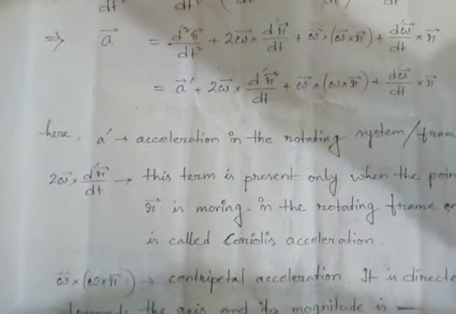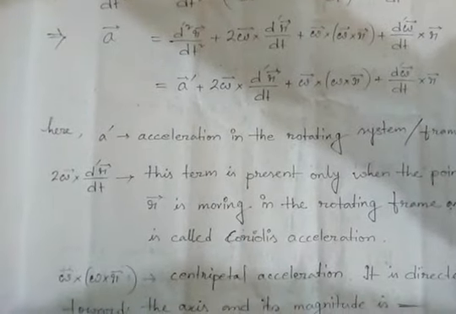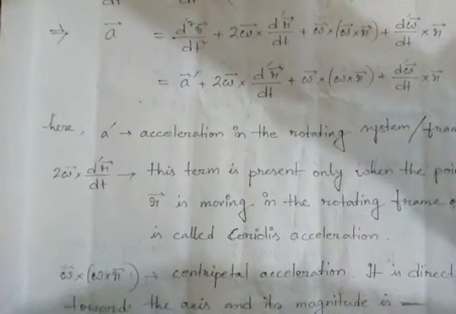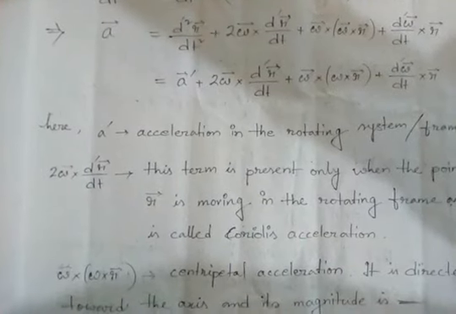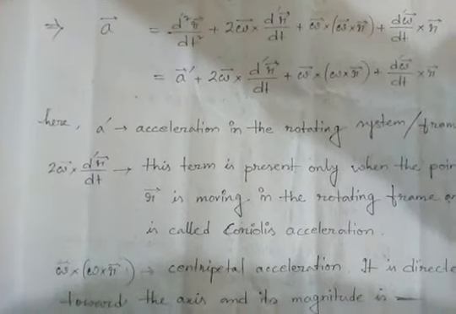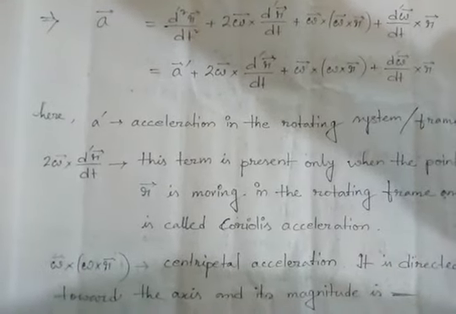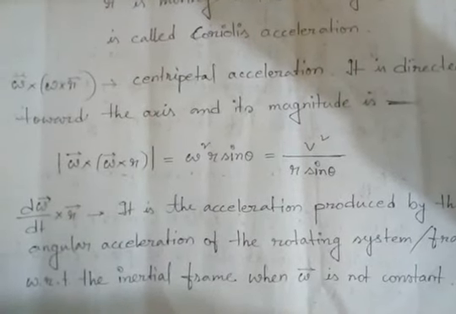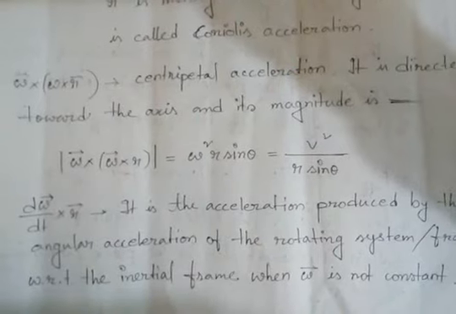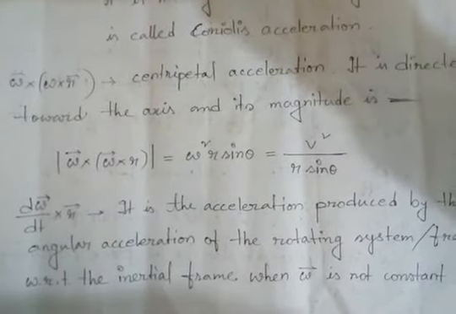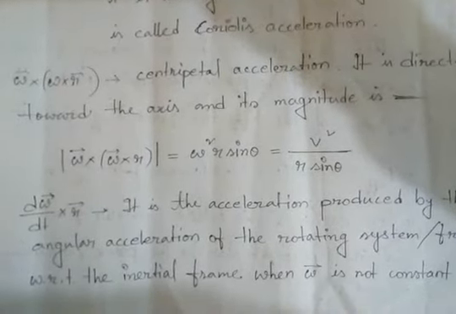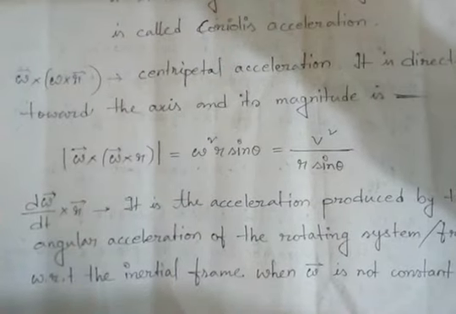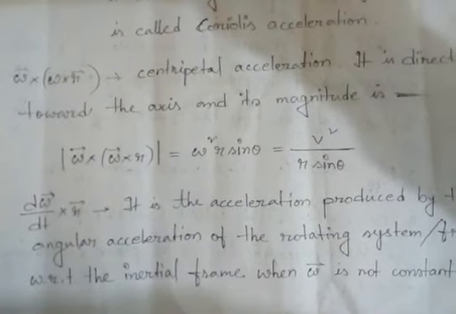Omega cross omega cross r is the centripetal acceleration. It is directed toward the axis and its magnitude is omega square r sin theta, which is equal to v square by r sin theta.